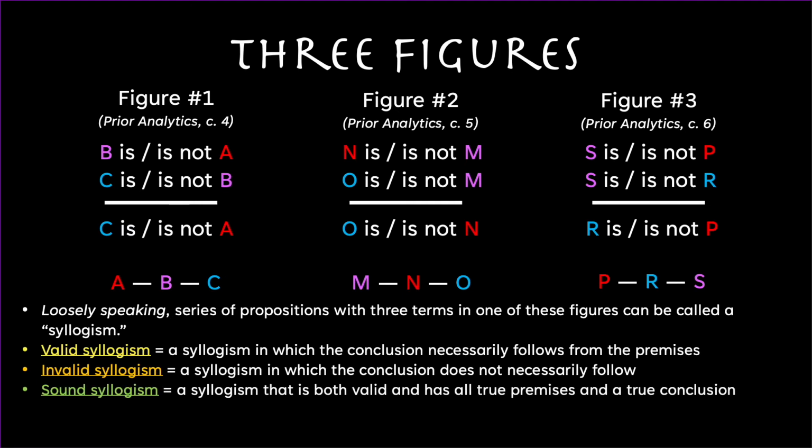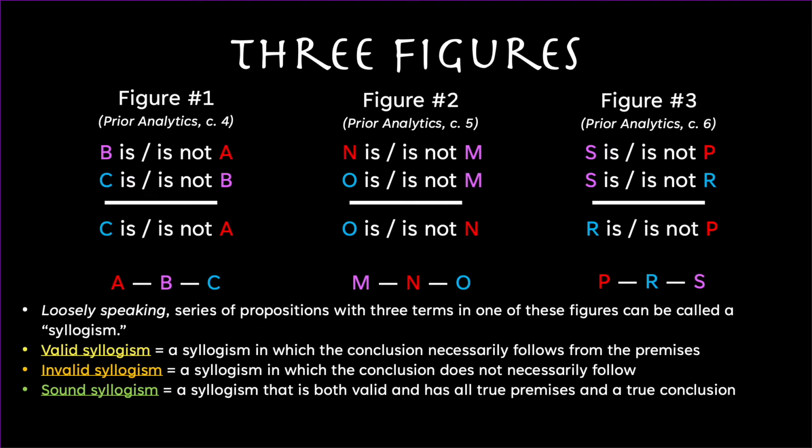Now, a sound syllogism is a syllogism that is both valid and has true premises and a true conclusion. So it must be valid, it must have true premises, and the conclusion must be true. That is what we call a sound syllogism. Notice the difference between a valid syllogism and a sound syllogism. For a valid syllogism, it doesn't matter whether or not the premises are true or the conclusion is true.